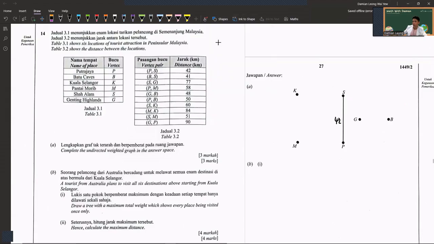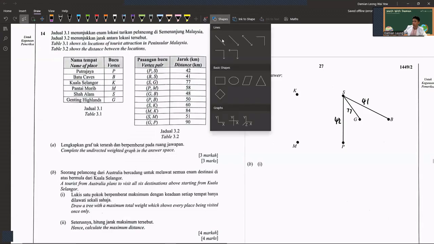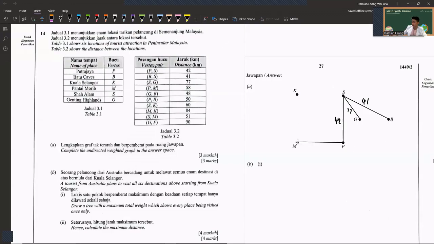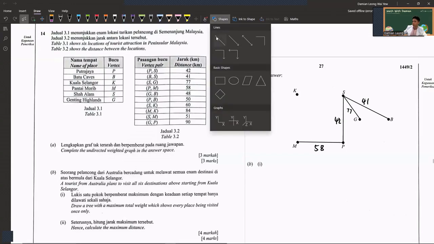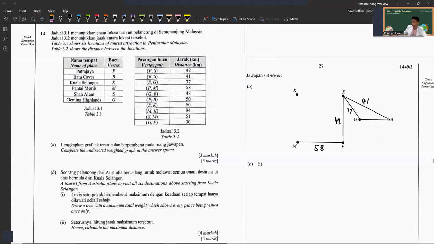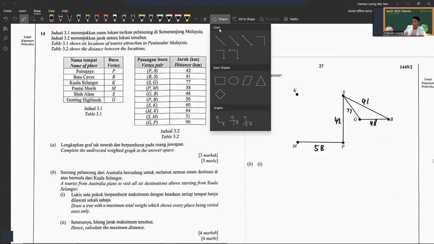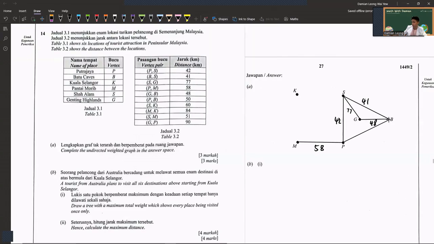Then BS, B connect with S, weightage 41. Just go through one by one. SG, 77. PM, 58. GB, 48. PB, 50.